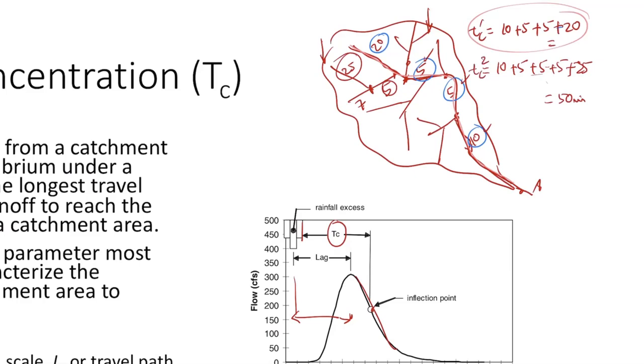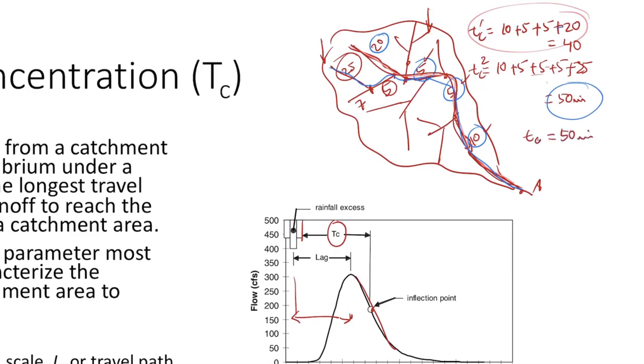If the raindrop or runoff takes this path, it takes around 40 minutes. But if it goes from this path, it takes 50 minutes. So the time of concentration for this particular watershed is 50 minutes.